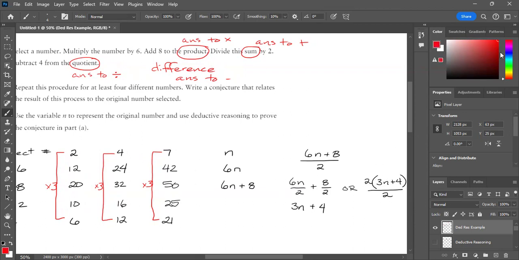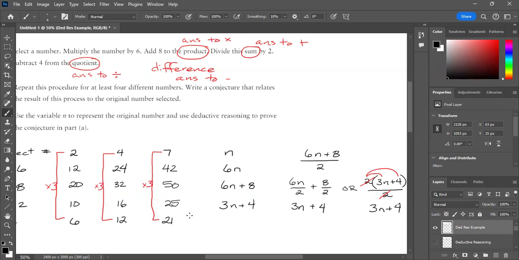So if I were to multiply the 2 back in, 2 times 3n is 6n, and 2 times 4 is 8. So I've divided both of those by 2. And the reason I did that is because now I have 2 divided by 2, which is 1, and I have 1 times 3n plus 4, which is just 3n plus 4. So that's 2 ways you can divide 6n plus 8 by 2, but we end up with 3n plus 4.